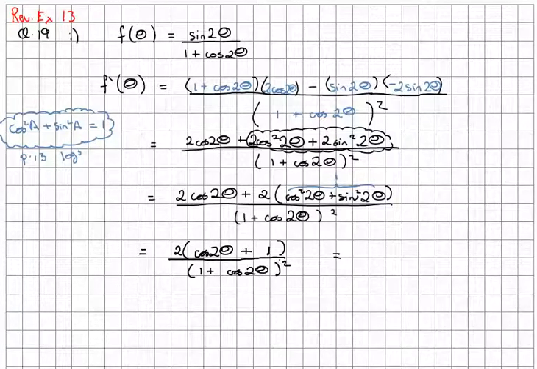The bottom is being squared, so I'll just knock off one of them. So that's just going to be 2 all over 1 plus cos 2 theta. Okay, and that's the answer for part 1.